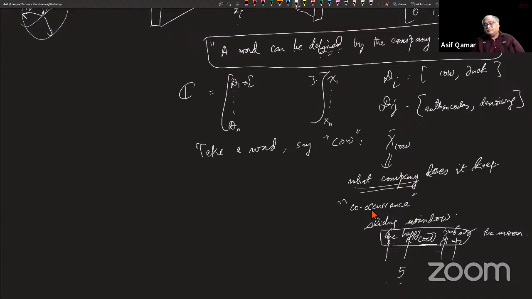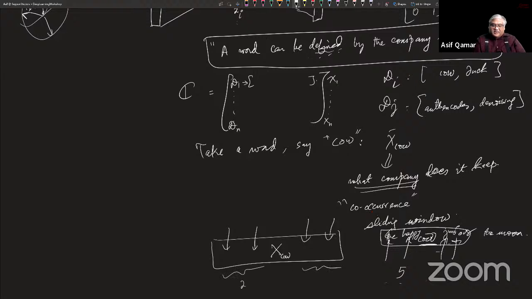So far, pick a sliding window, pick a word. Given a word X, cow, find a couple of words before and a couple of words after. You can pick 2, 2, so the total size would be 5, or take 4, 4, then it will be 9.